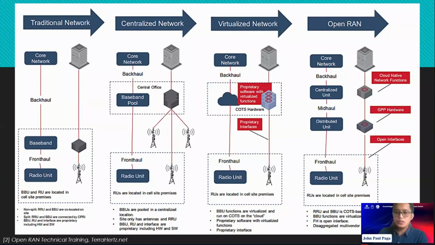Okay, so that is the Open RAN. It opens the network. It disaggregates the components of the network. Okay, so from being a single vendor, we as an operator now have an option to have a multi-vendor setup.